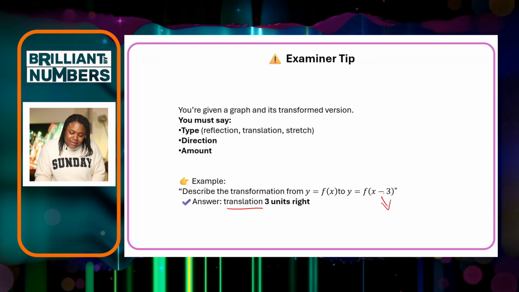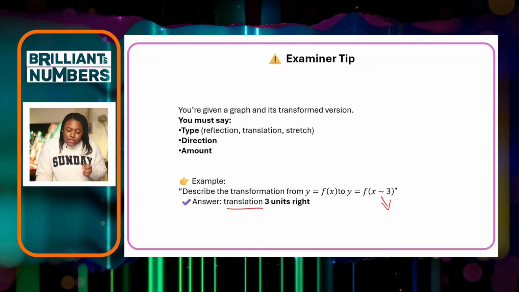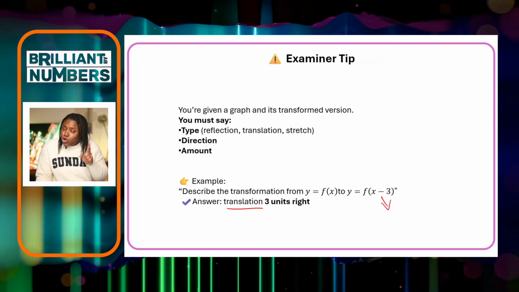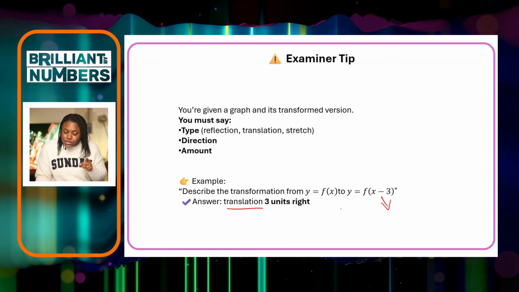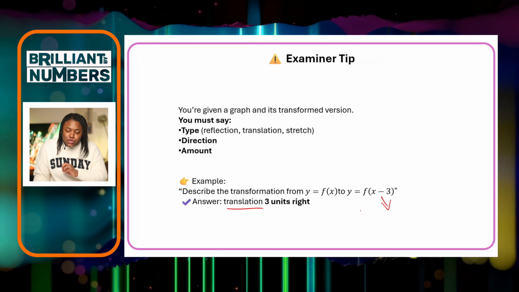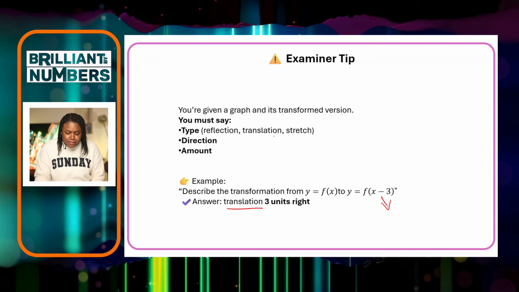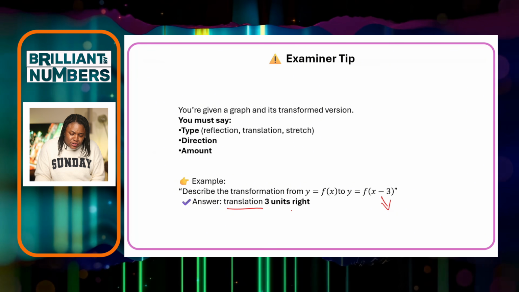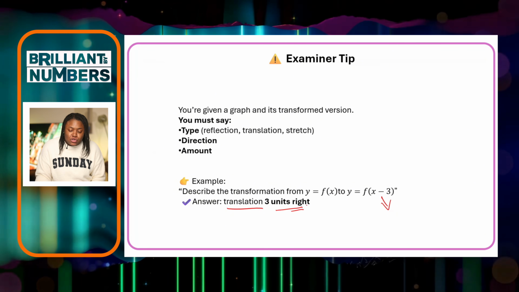It's inside the bracket, so it's going to move 3 spaces, not what you expect. When you have a minus, you are going to the right in transformation graphs. And if you have a plus, you're going to the left. So remember this.